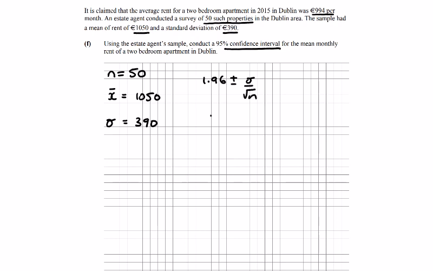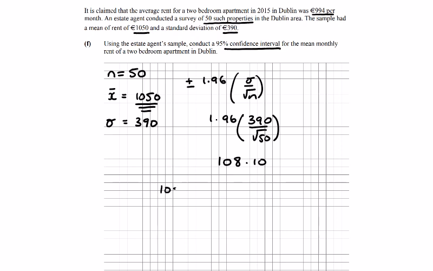So what have we got? 1.96 times, plus or minus 1.96 times 390 over root 50. So I like getting what this is first, and then we can add it and subtract it from 1050 to see is 994 within that range. This works out to be 108.102, so 108.10.